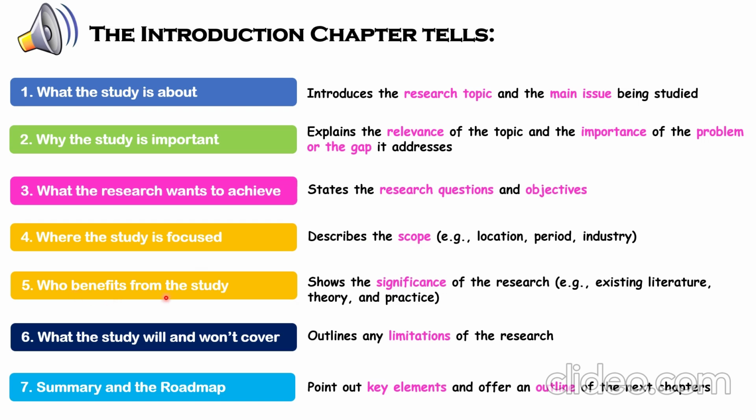Then who benefits from the study? This is the contribution that you are going to give based on the outcome of your research. It should be to the existing literature and existing theory, as well as to practice.